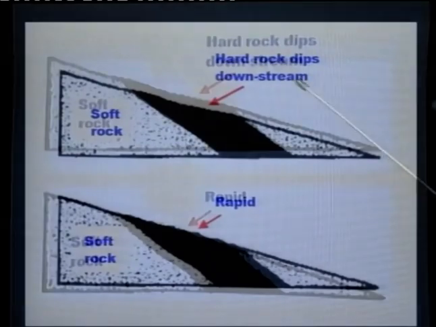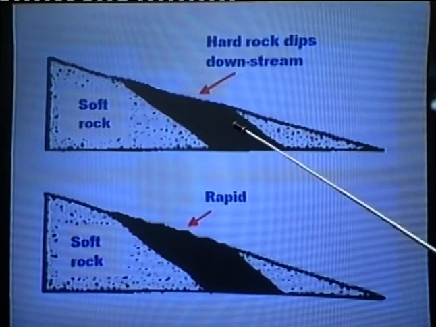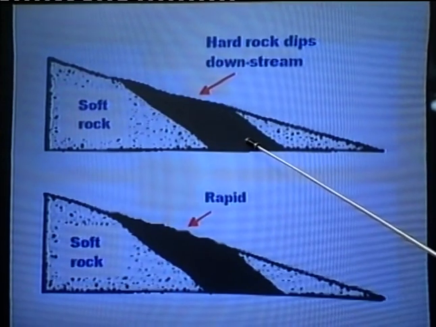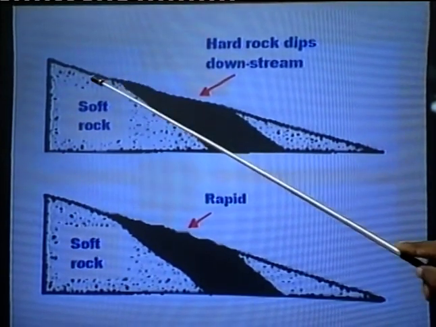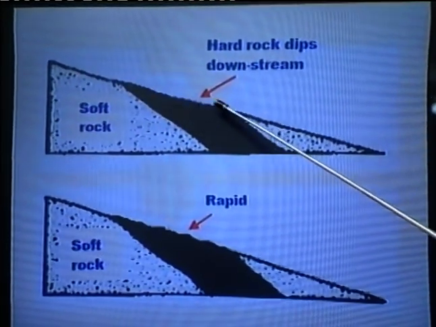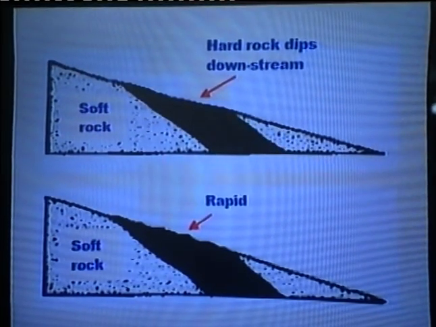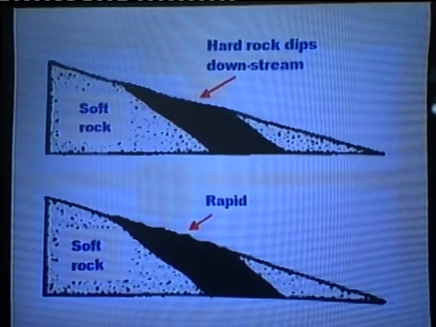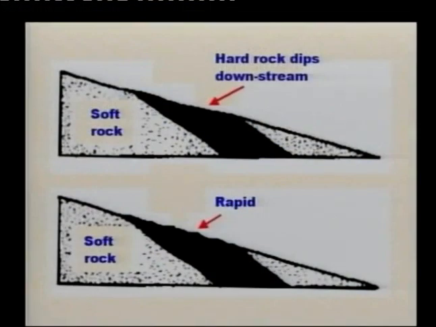You have the soft rocks. The hard rock must dip downstream. And at the top here, if the river is flowing, then you have the rapid being formed in this area or region. Okay, you double check and you make your corrections, because that was the first activity you were expected to make note of.